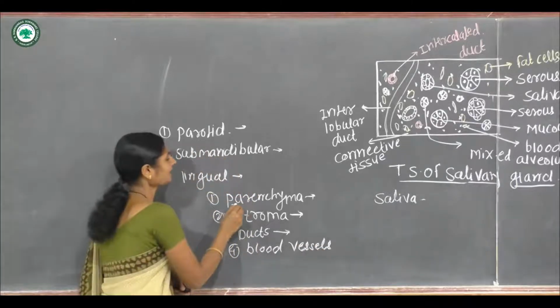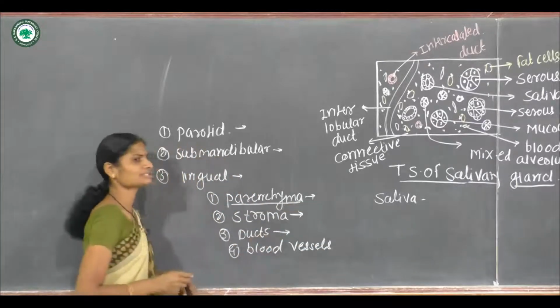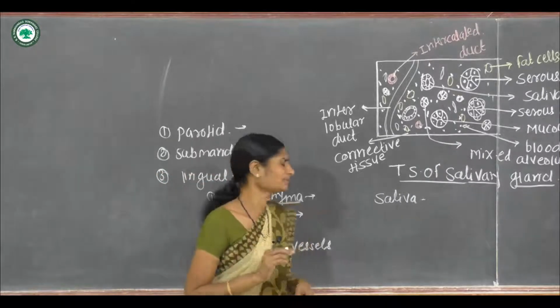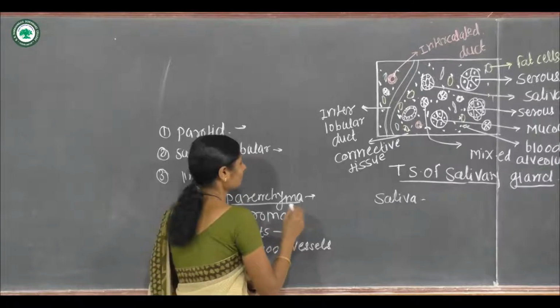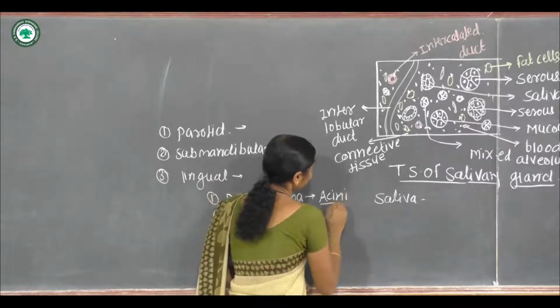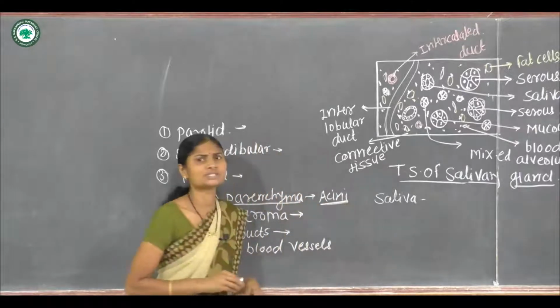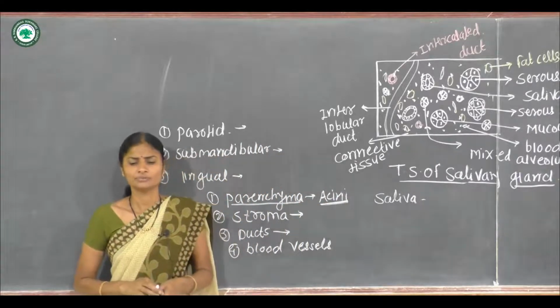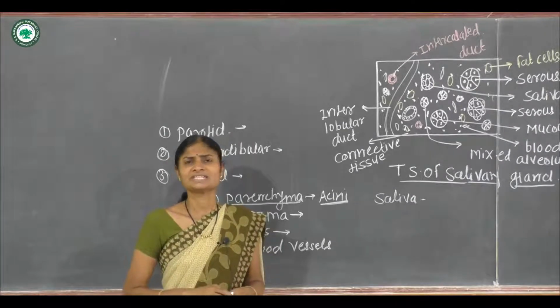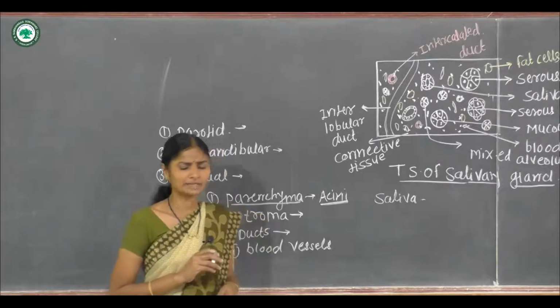The parenchyma tissue forms the main secretory unit, the acini. In the parenchyma, the secretory unit is the acini, which secretes the saliva. These acini are again of three types.